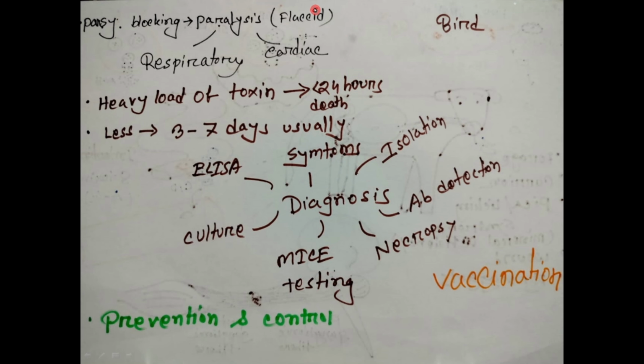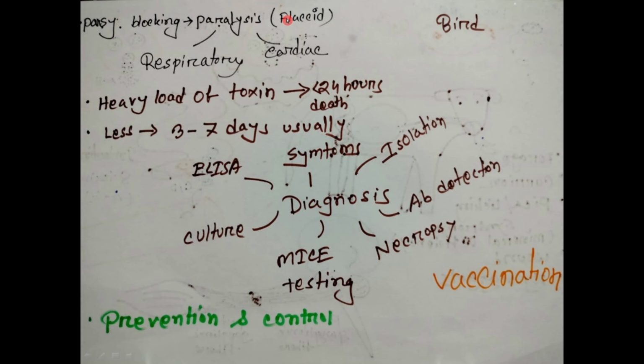That means your muscle tone is lost. That's why this muscular weakness is called the flaccid condition, and because paralysis is occurring, it's called flaccid paralysis. Then this flaccid paralysis becomes a more severe condition.